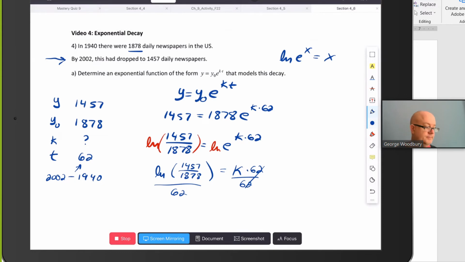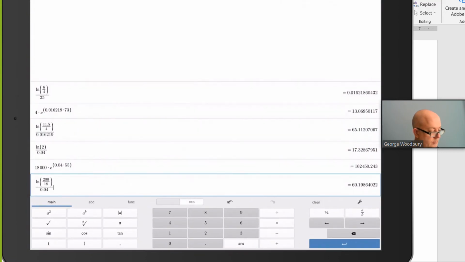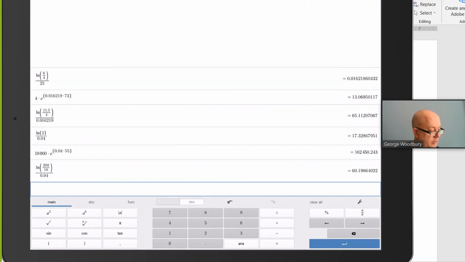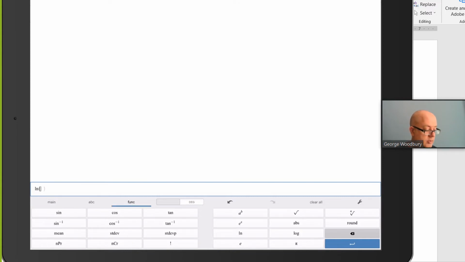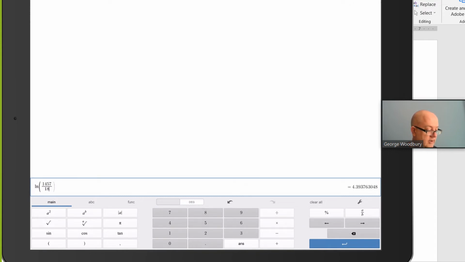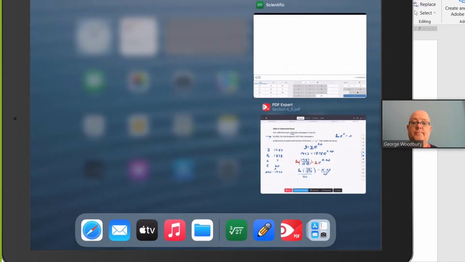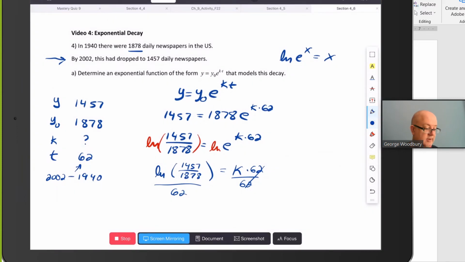Let's take a look. Now, let me clear all that out of there. We're going to start with the logarithm of that fraction. So function, logarithm, back to main, 1457 divided by 1878. Let me go back and make sure I had both of those numbers right. 1457, 1878, that's good.